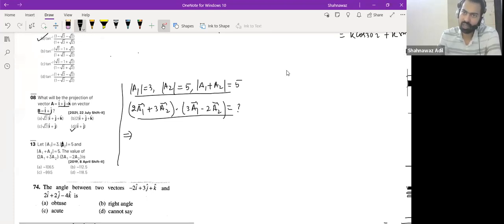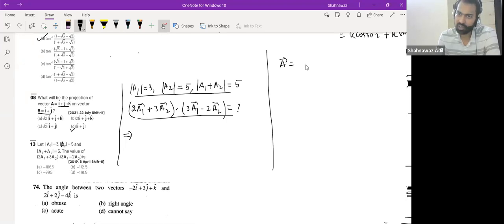Let's say I have a vector which is AXi, AYj, and AZk. So whenever I take the dot product with the same vector, what will I get?